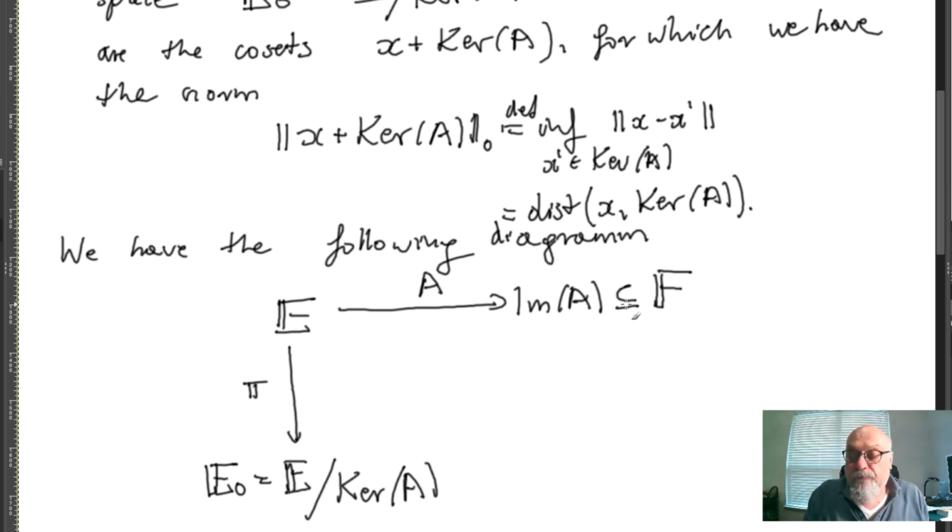Now I want to define an operator A0 from the quotient space.